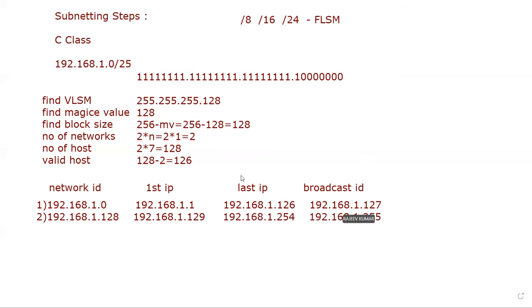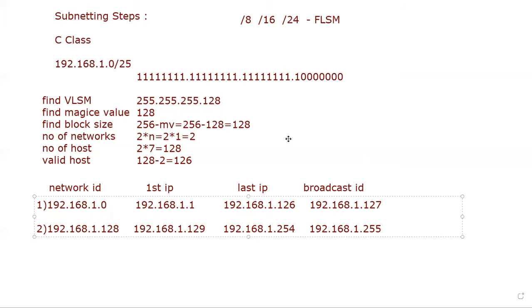Now I'm going to solve one more example. I'm going to solve /26 here, so I'm going to change the value.